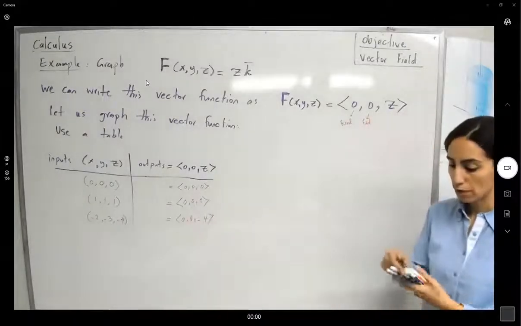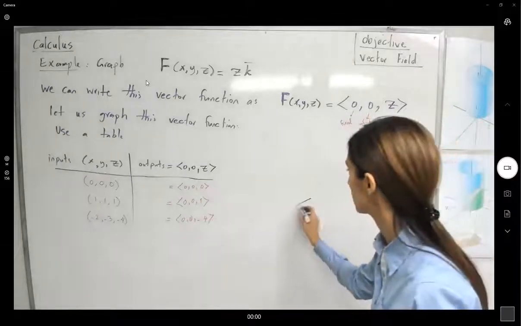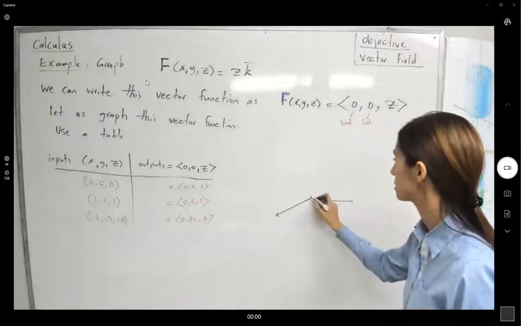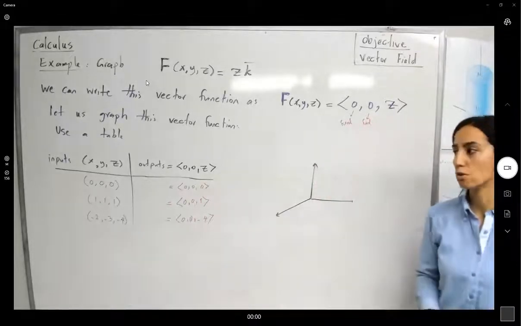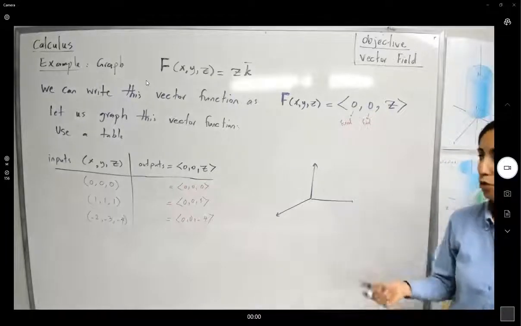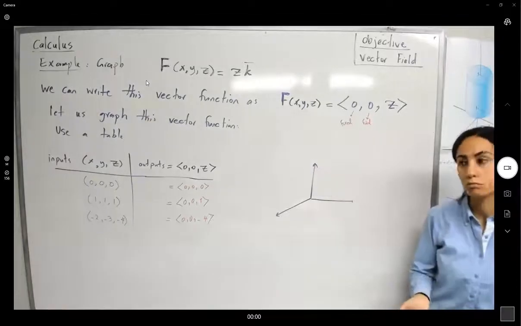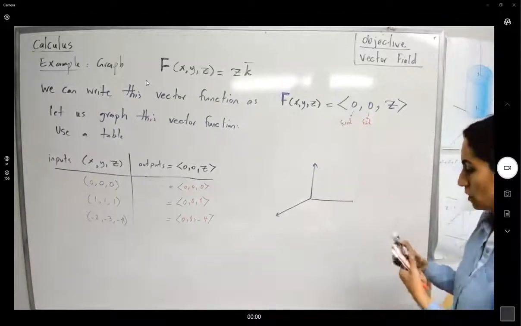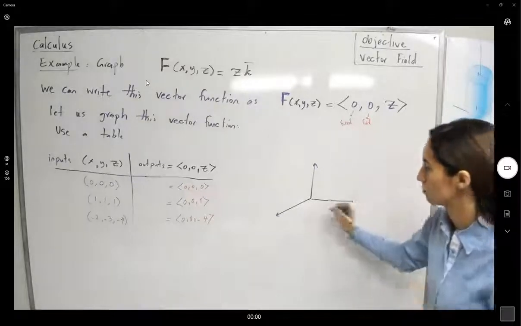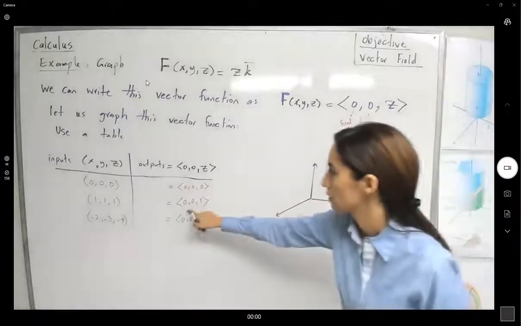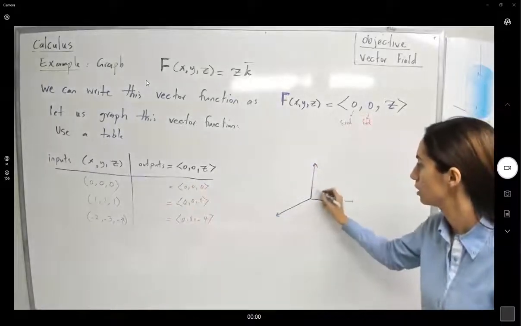So if you think about this vector field, if you want to graph this in the x-axis, y-axis, z-axis, you have 0, 0, 0, which is just the 0 vector. 0, 0, 1. Okay, 0, 0, and 1. So suppose this is 1, 1, and 1.